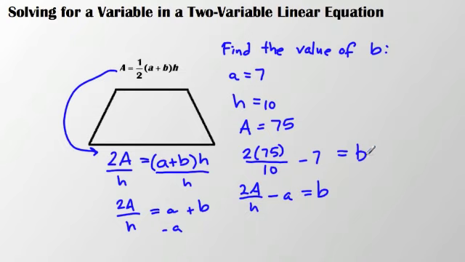Again, the other alternative would have been plugging things in over in your original equation and then working around to solve for b.